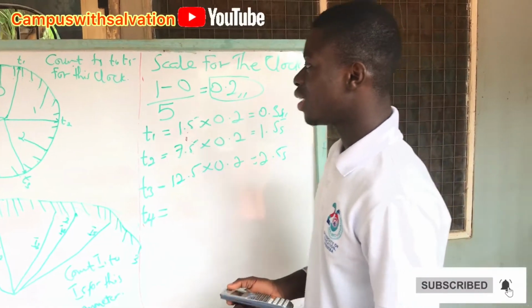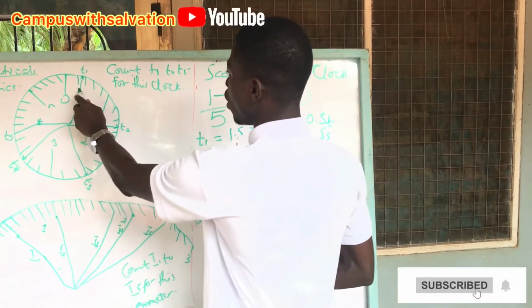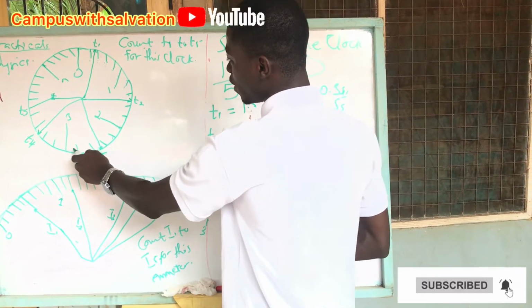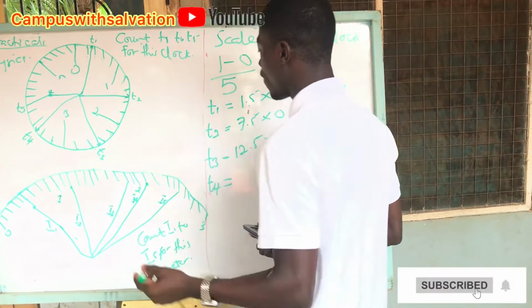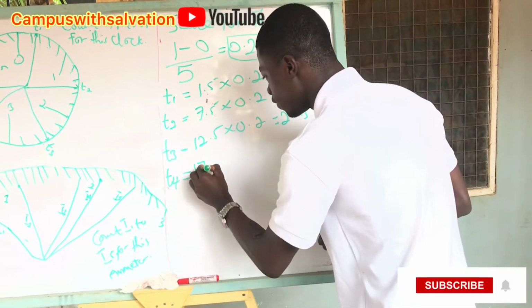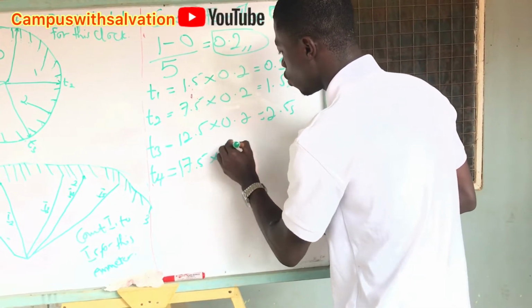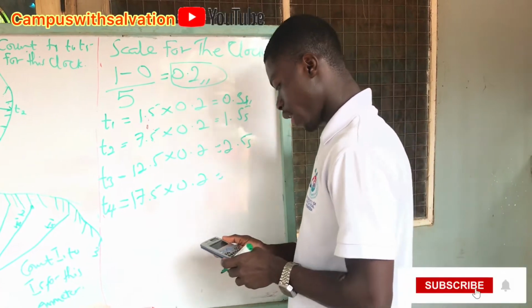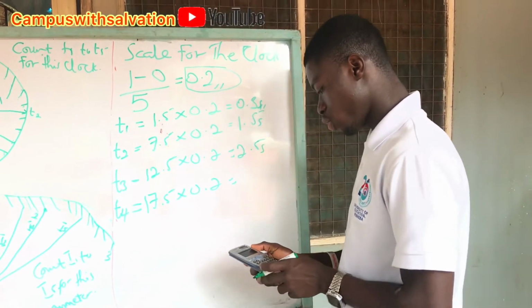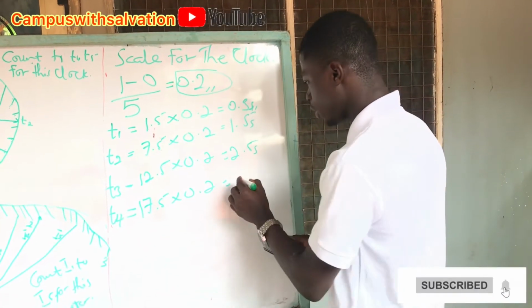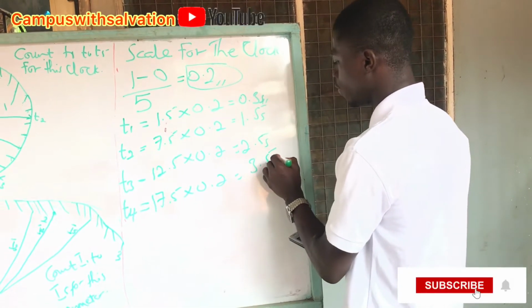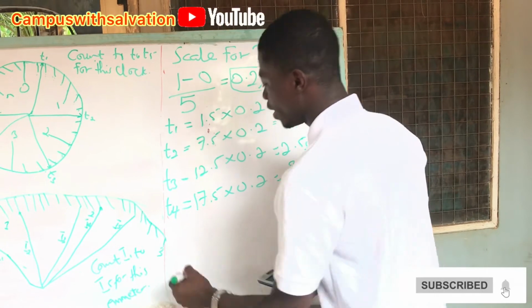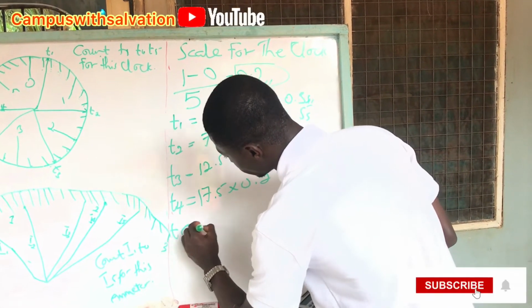So 17.5 times 0.2 is equal to 3.5 seconds. We are calculating for time, so it must be measured in seconds. For that one, don't forget.